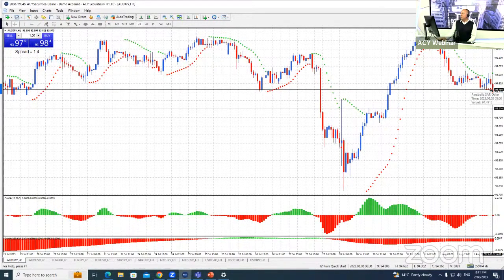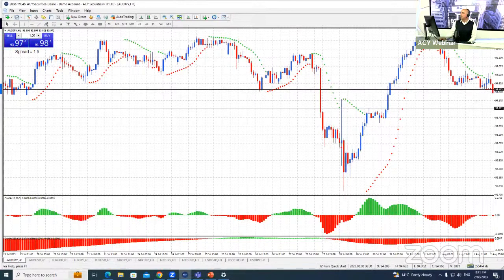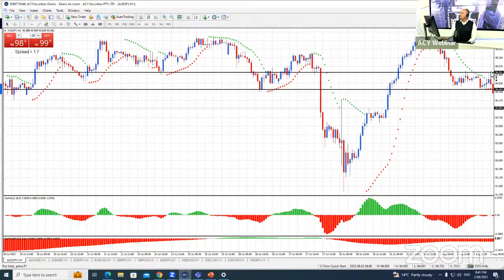So if you got in here, as soon as that candle replaced that dot, then that could be your entry. So if we use an example, let's say we got in, maybe we're a bit late, we got in a bit below. So I'll put that red line saying that's where we entered. And then I'll say, where's our stop loss? I'll put it 1 pip just above the green dot for my stop.